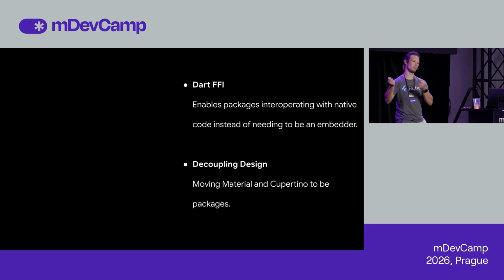So if third-party contributors want to contribute, it's a lot of coordination. And also, the release cycle is tied to Flutter. While if it's a package, you can just release a new version of a package. And also, you can have two major versions existing at the same time. While if you ship it with Flutter, you can only have one major version. That's it, no breaking changes.